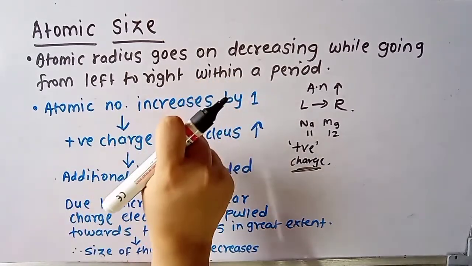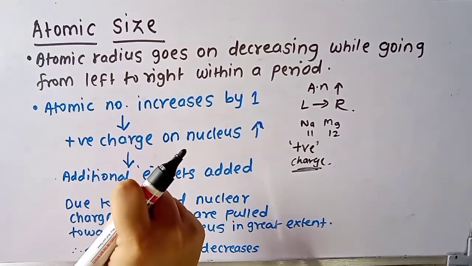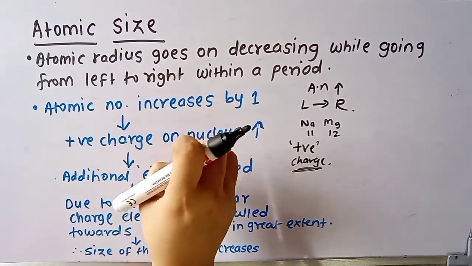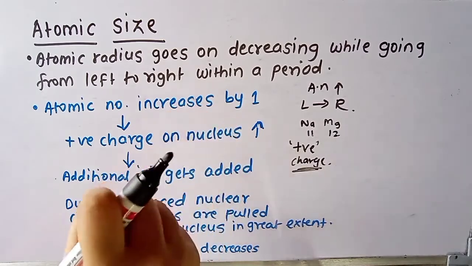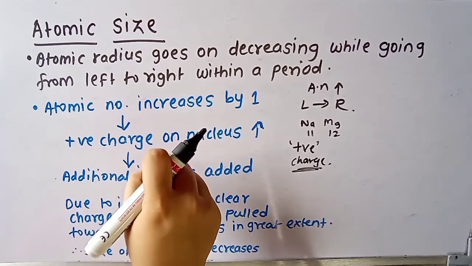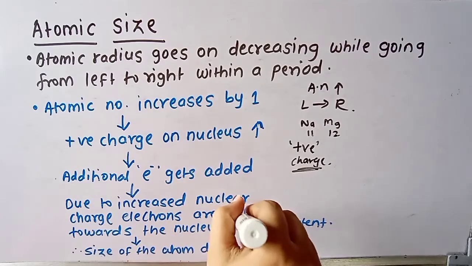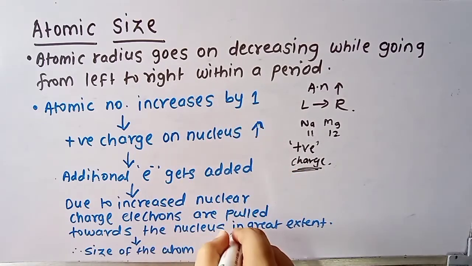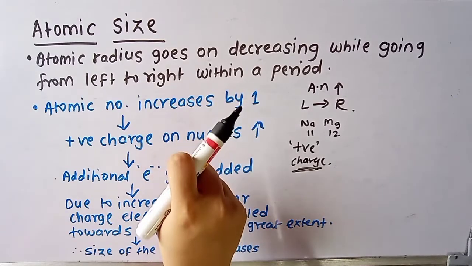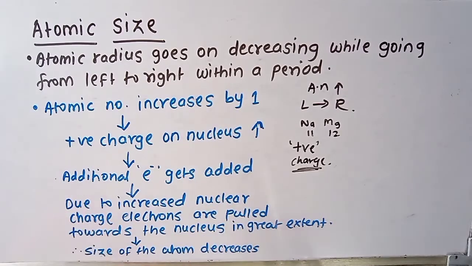The electronic pull is maximum, so that the atom will shrink. In normal sentences we can say that the electronic pull is maximum. In great extent means it is pulled to a great extent.